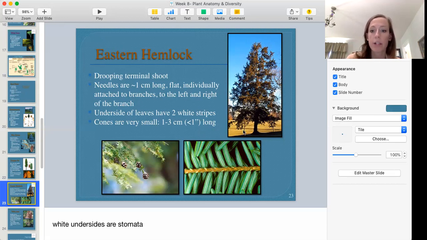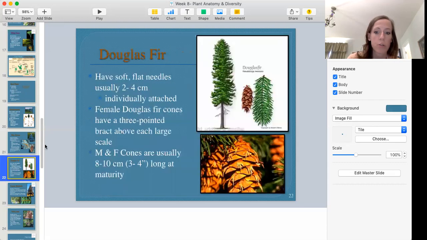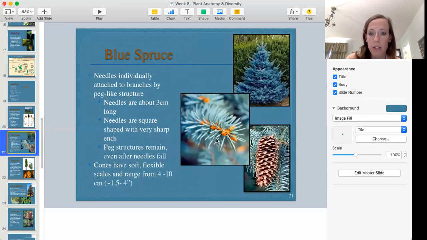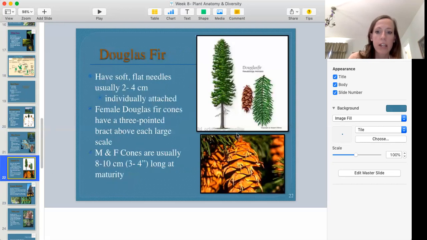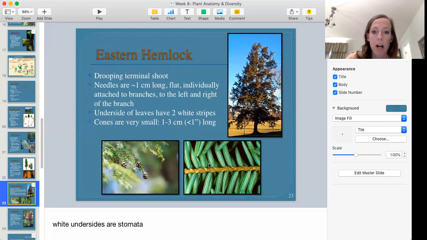And then if you examine the branches individually, the needles are attached to the sides as opposed to all the way around in a whorl like we saw with the last two. See how the needles are all attached in sort of a spiral orientation on those, but in the eastern hemlock, the needles are coming out to the left and the right of the branch, so on the sides.